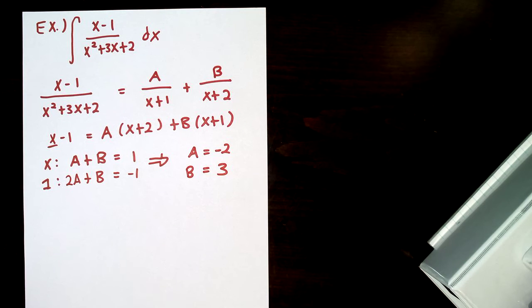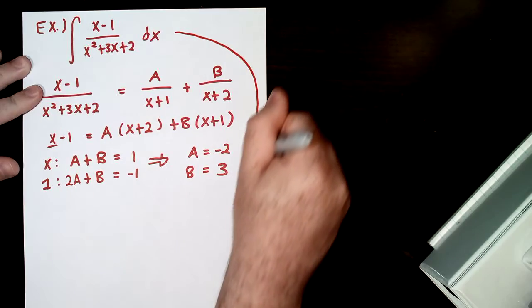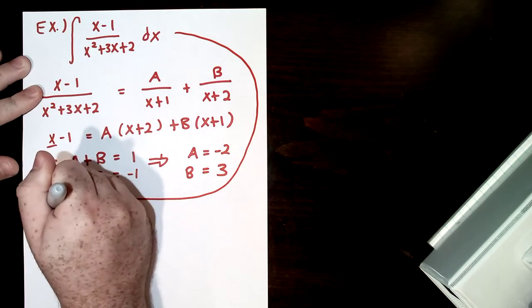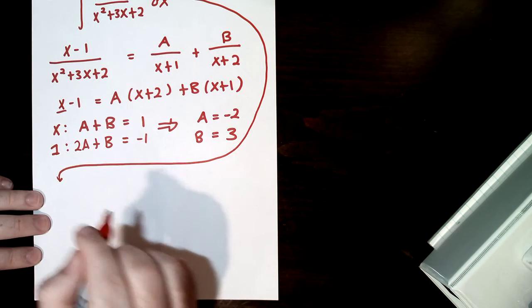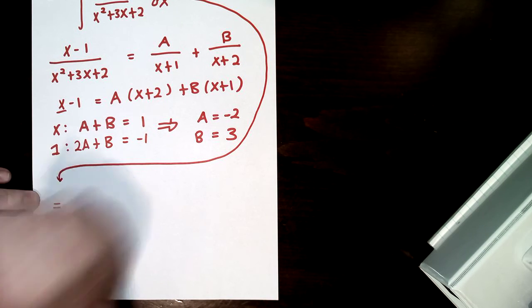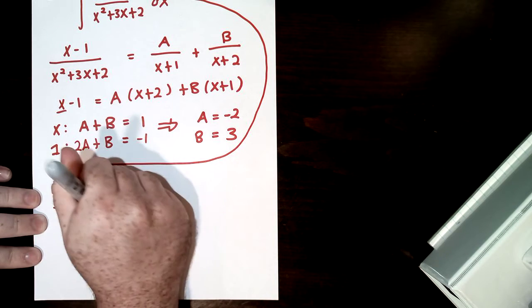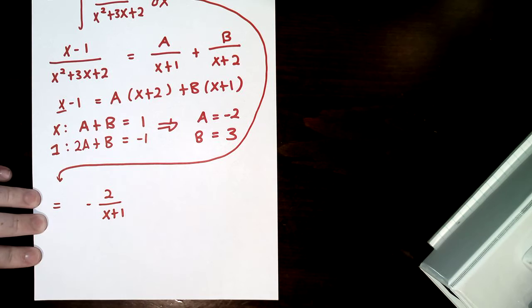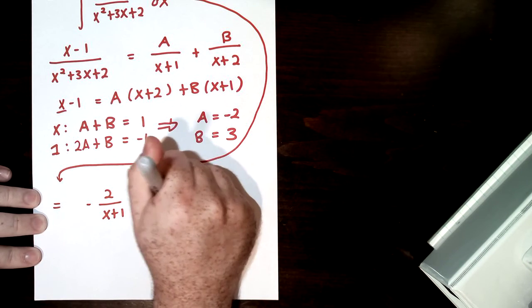And now we have done the side work that is necessary in order to evaluate this integral. So let's go ahead and bring this all the way down here. And we get that the initial integral is going to be equal to the integral of negative 2 over x plus 1 plus 3 over x plus 2.